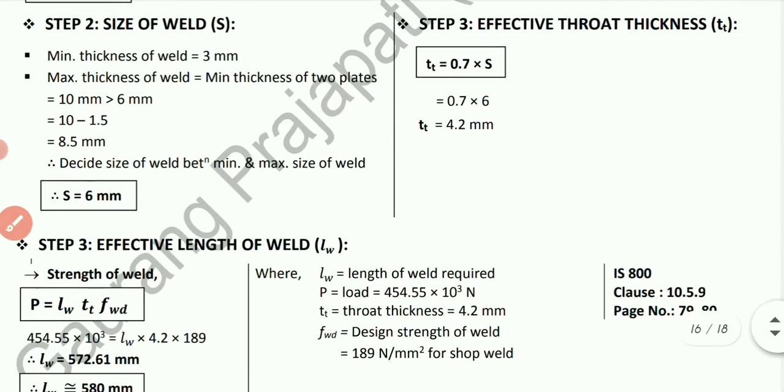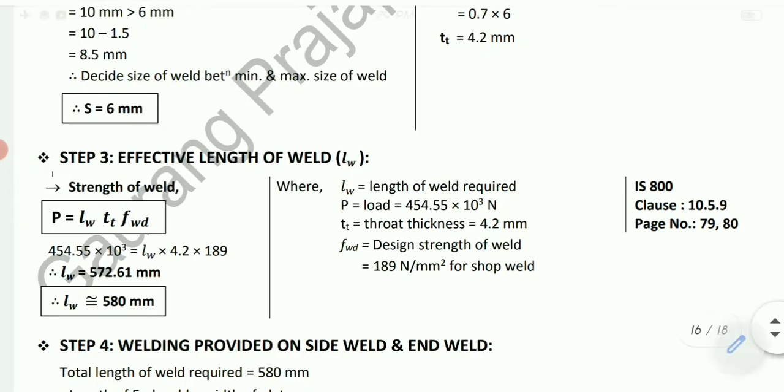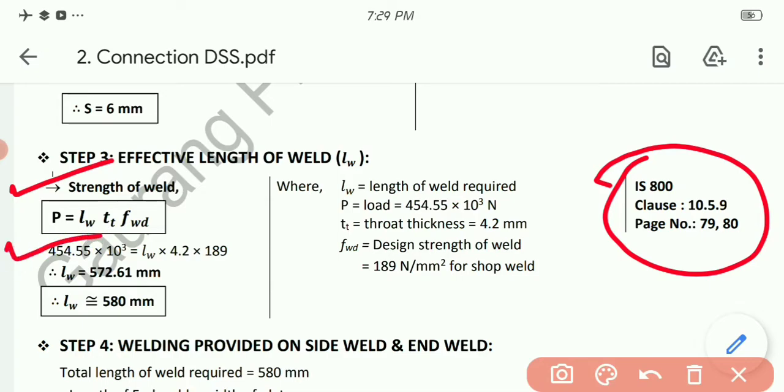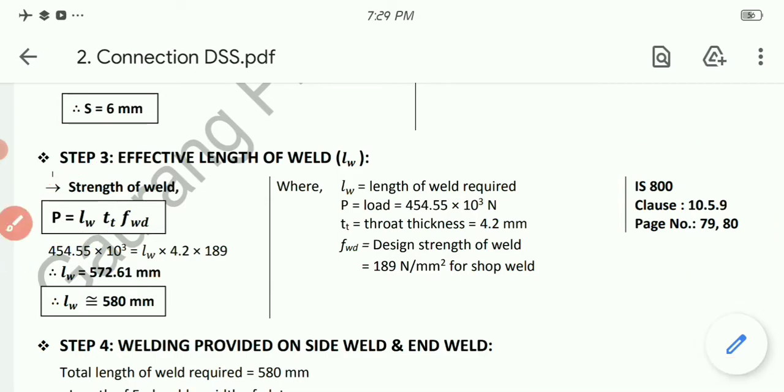Now moving forward, next step, that is effective length of the weld. Effective length of weld, on page number 79, 80, we got this formula, P equals to LW TT FWD. Just a minute, let me show you the formula.